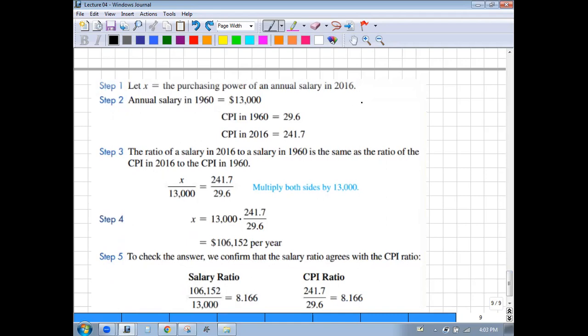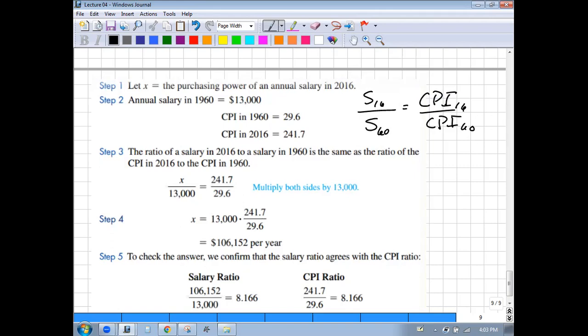Okay, so we could do salary for 1960 compared to the salary in 2016 is the same thing as the CPI in 2016 compared to the CPI in 1960. So those ratios should be equal.